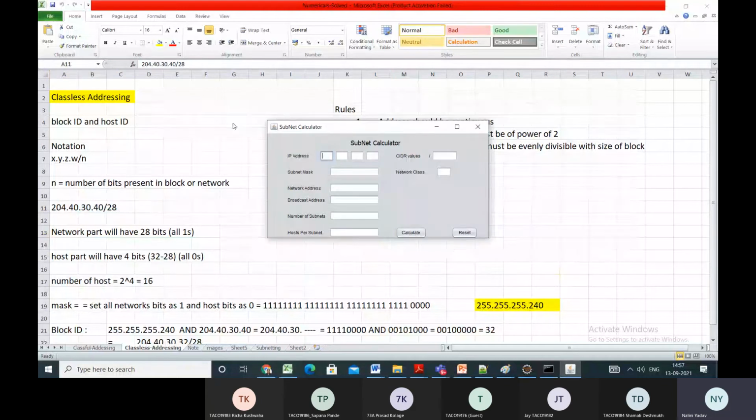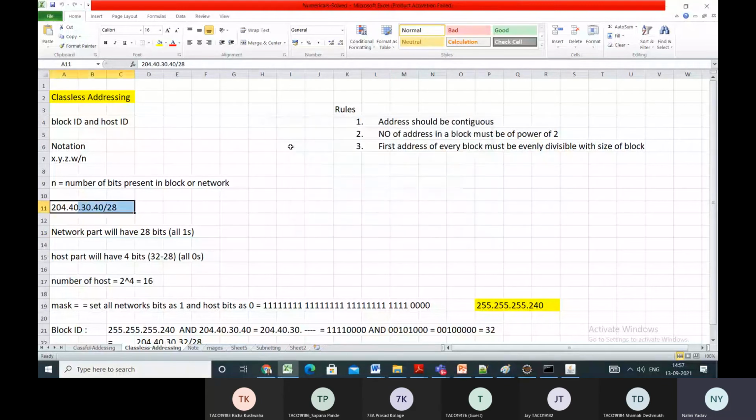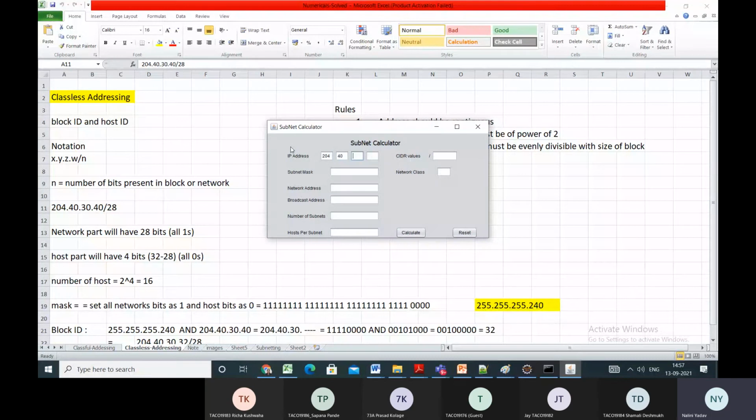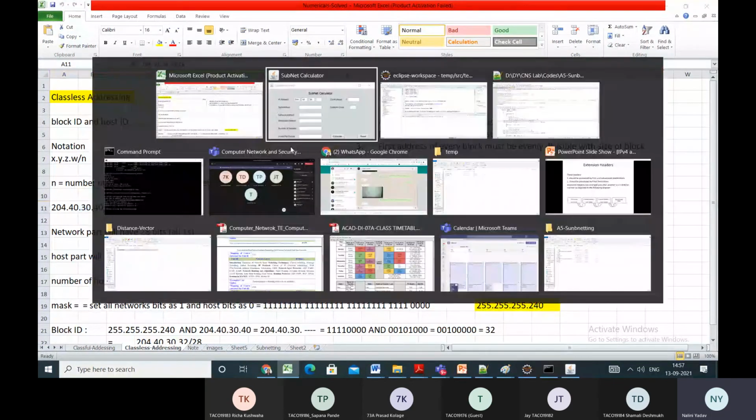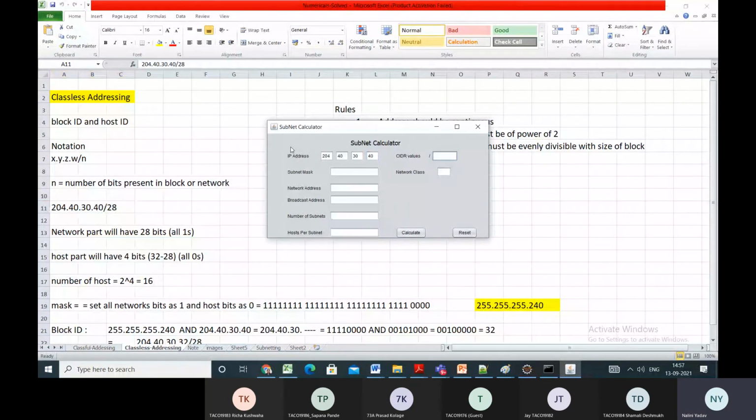It is 204.40.30.40/28. And once I say calculate, it will calculate my subnet mask, my network address, broadcast address, then the number of subnets, currently 0, the number of hosts per subnet is 16, and the class of the network. I hope you remember how to calculate this.